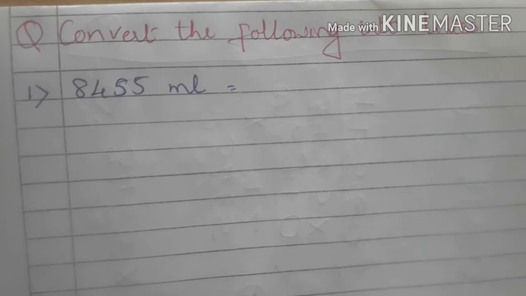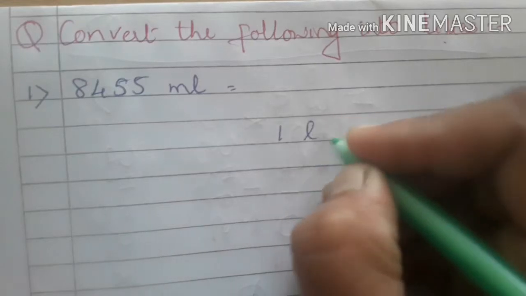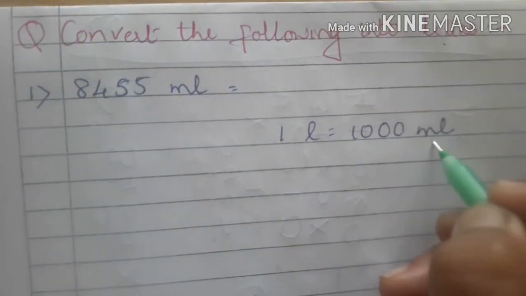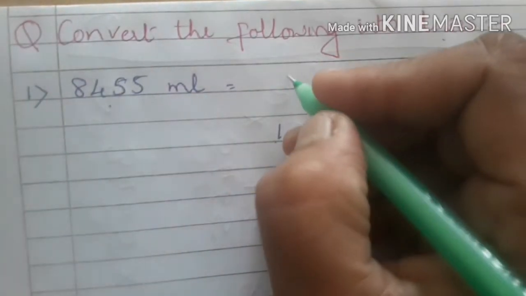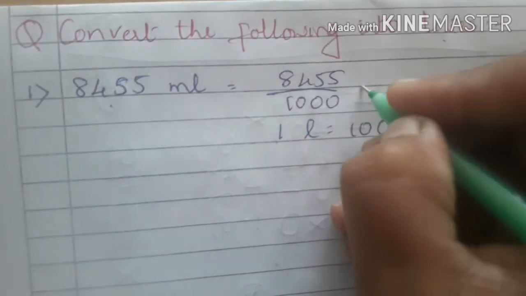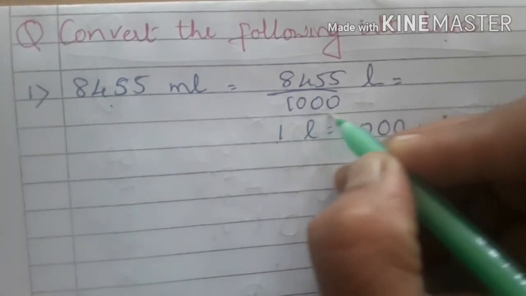So here the first question goes: 8455 milliliters. You have to express it in liters. Now as 1 liter is 1000 milliliters, this number is to be divided by 1000. When it is divided by 1000, three zeros are there.